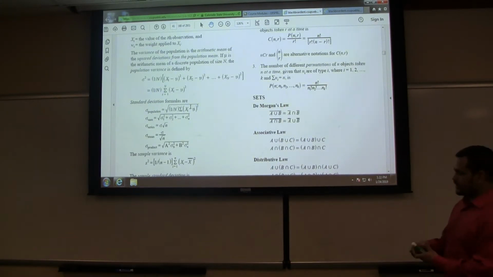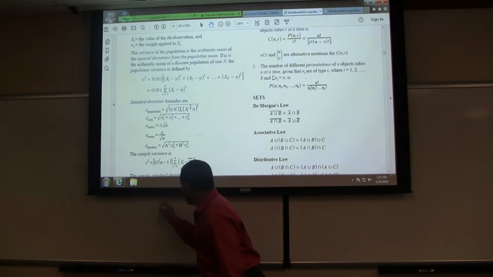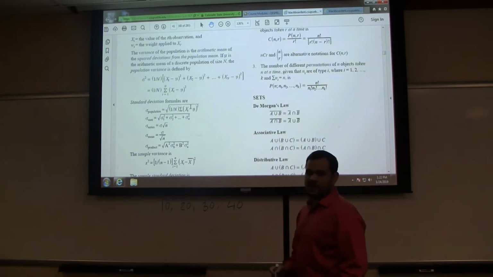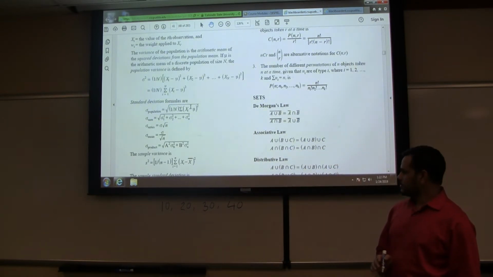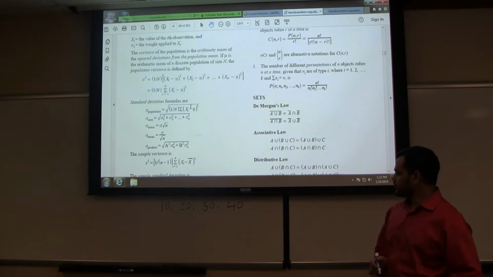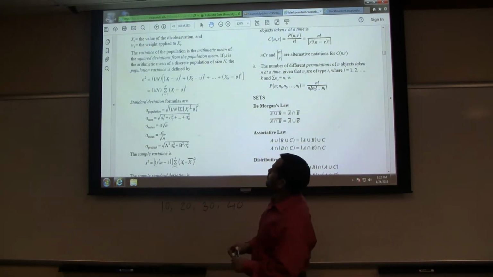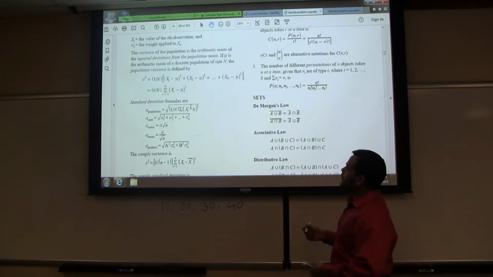Say I have again the same numbers, say 10, 20, 30, 40. This time I assume 4 numbers. How to find, say, this one, the population variance.